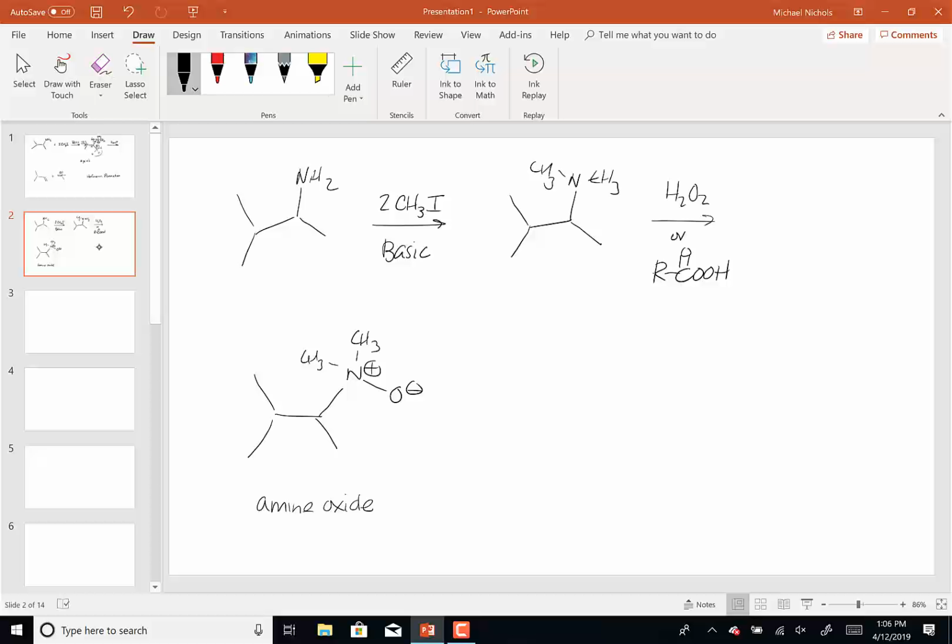And I'm going to assume that the mechanism here is just going to be simply based on that O minus finding the least sterically hindered hydrogen, because that's kind of what would make sense here. So that again, with 3 beta hydrogens and only 1 beta hydrogen on this side, and that beta hydrogen being more sterically hindered, the O is going to go after the least sterically hindered of the hydrogens to give the least substituted alkene.